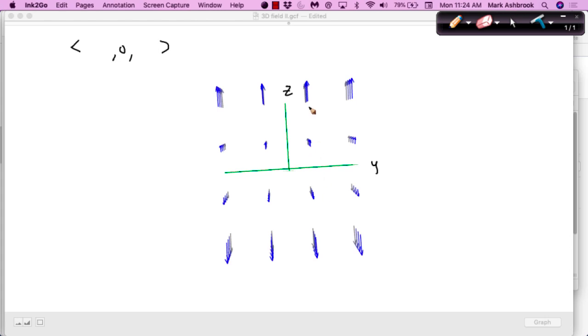What's happening to the Z components of these vectors? Equals Y? So how does the Z component increase as you go this way? That would be Z equals Y, right? That your Z component would increase as you went in the Y direction.